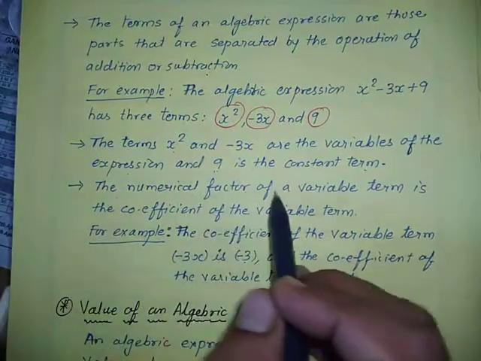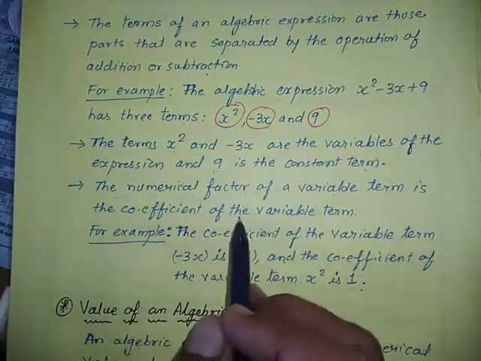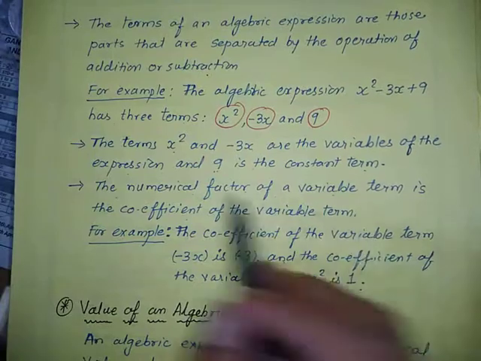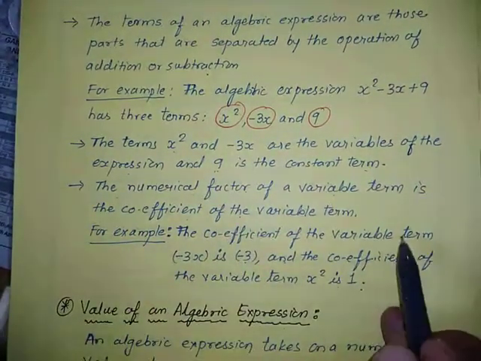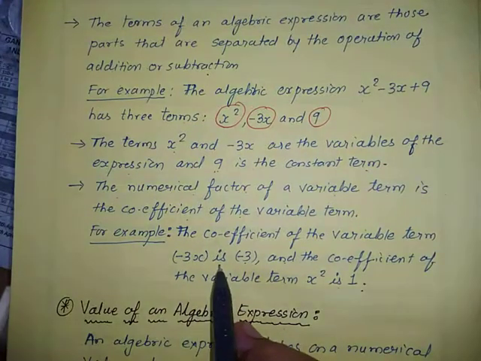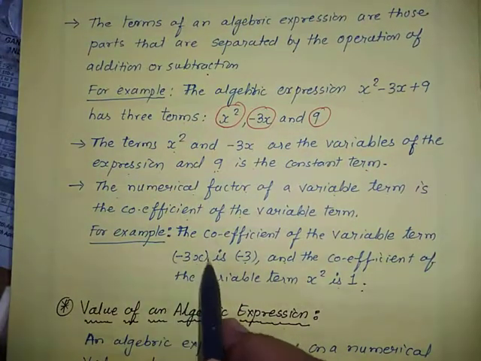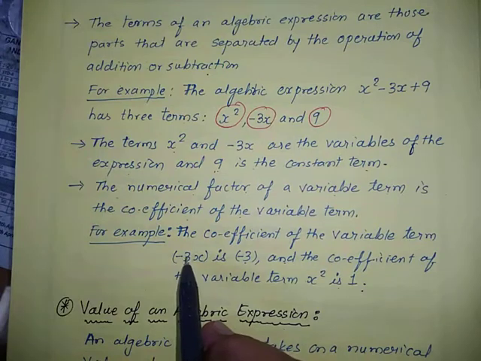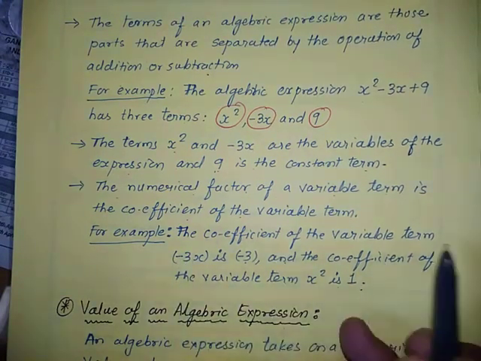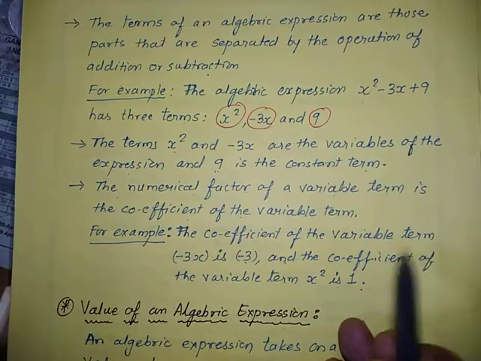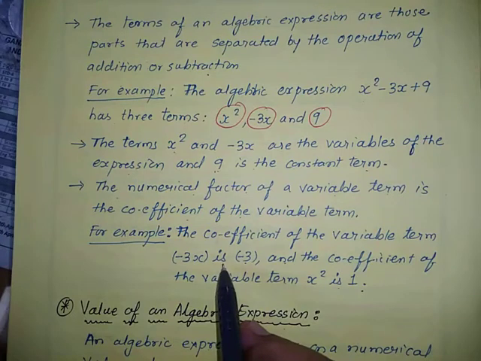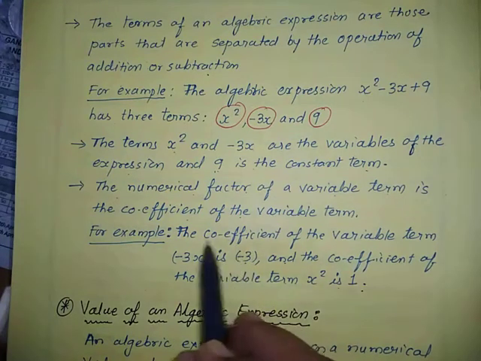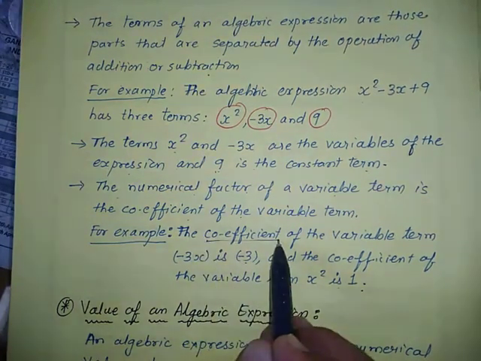The numerical factor of the variable term is called the coefficient of the variable term. In x square and minus 3x, we find the variable term has some fixed constant number, and this constant number is named as coefficient of the variable term. Here in minus 3x, minus 3 is known as the coefficient of the term.